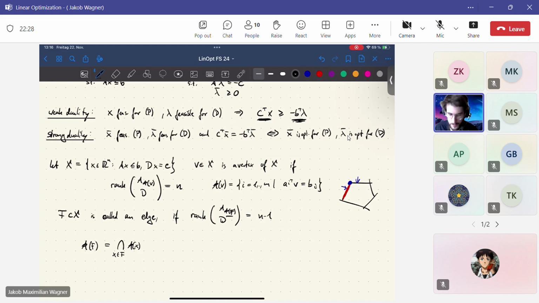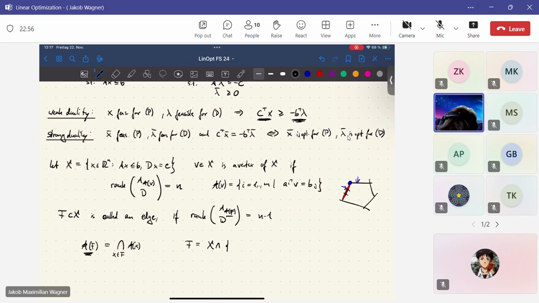And we actually also want that this edge is somehow the full edge and not just a part of it, which also would satisfy this rank condition. So we want that F is the intersection of F with this set of active constraints.